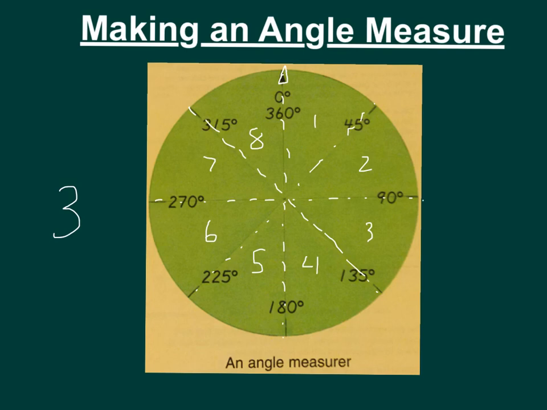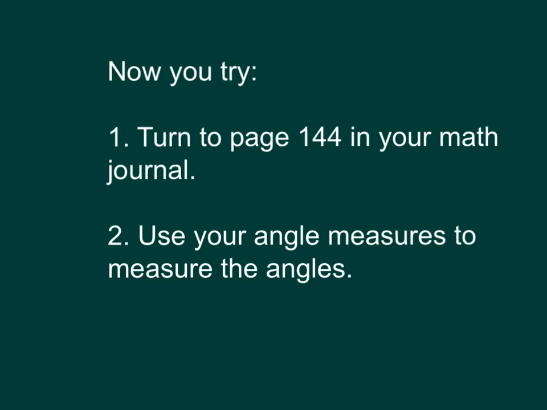That helps you remember that this is your starting spot, or 0 degrees. Now you try. Step 1, turn to page 144 in your math journal. 2, use your angle measures to measure the angles.